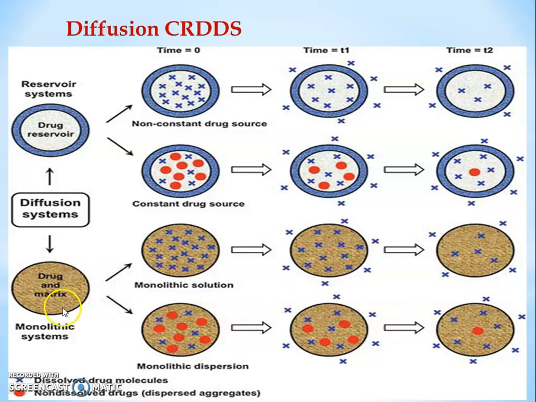This monolith is again of one type called a hydrogel type of system. It is a swelling system. When these systems come in contact with water, they swell due to the presence of a swellable polymer called a hydrogel, and due to the swelling, the porosity increases, and due to the increase in porosity, small pores form, and through these small pores the drug may be released by the mechanism of diffusion in a slow manner for a prolonged period of time.